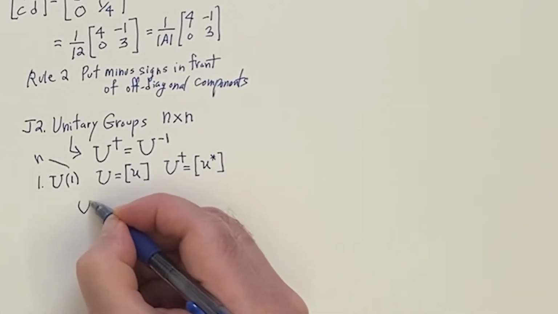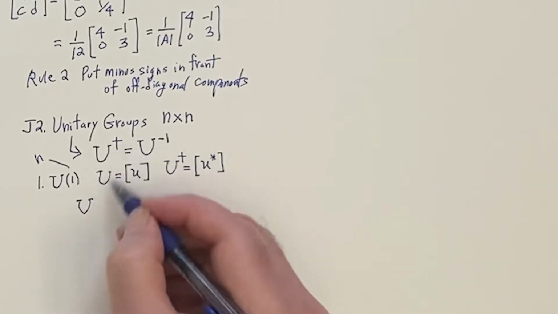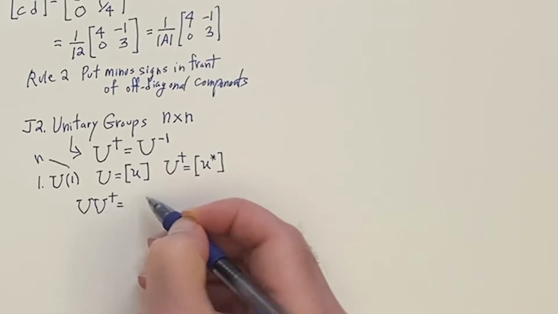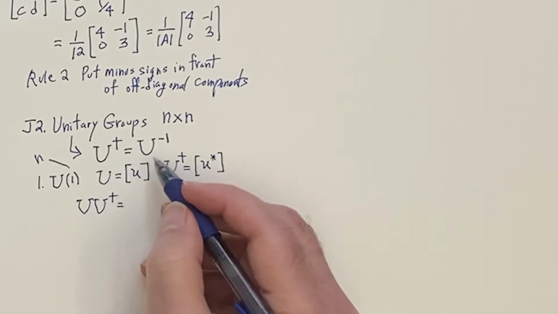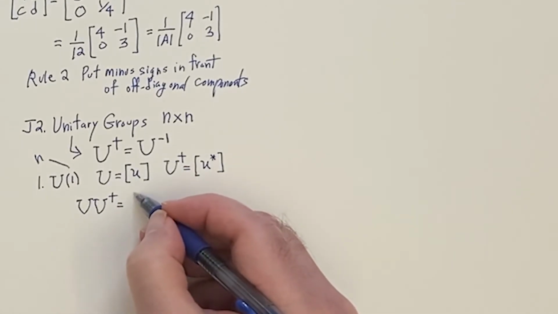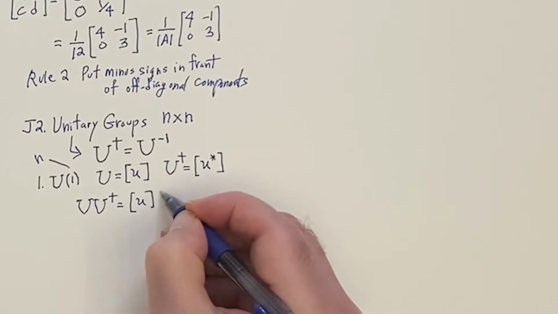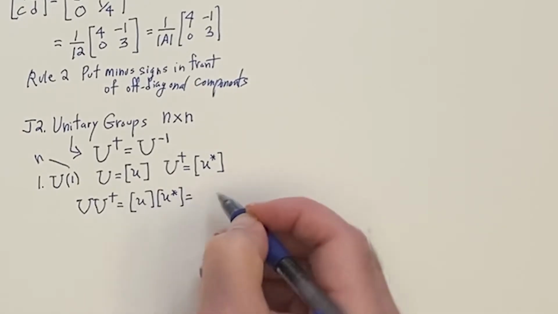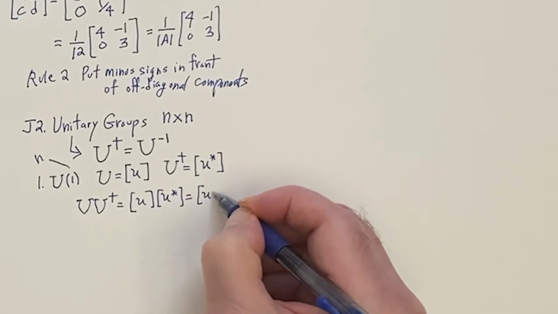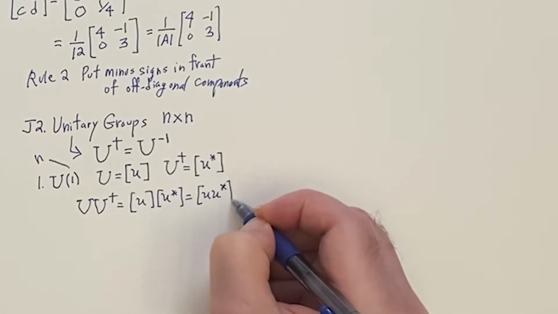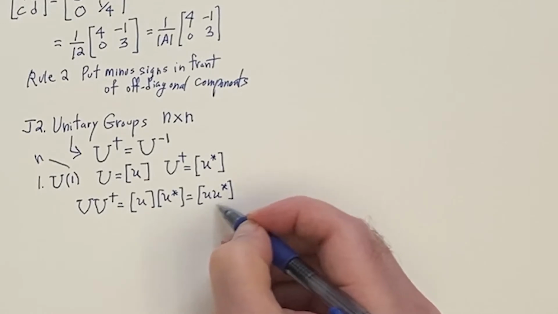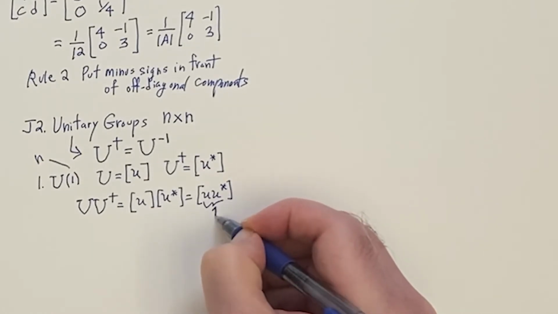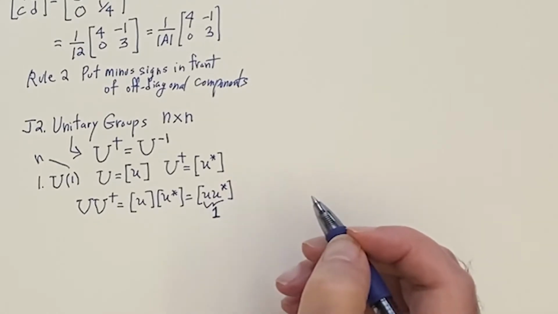And that means here, for this case to be true, the U dagger has to be the inverse of U, so this has to be 1. So that means if we do this matrix times this matrix, that would be the matrix U star times U, and this inside here has to be a 1.